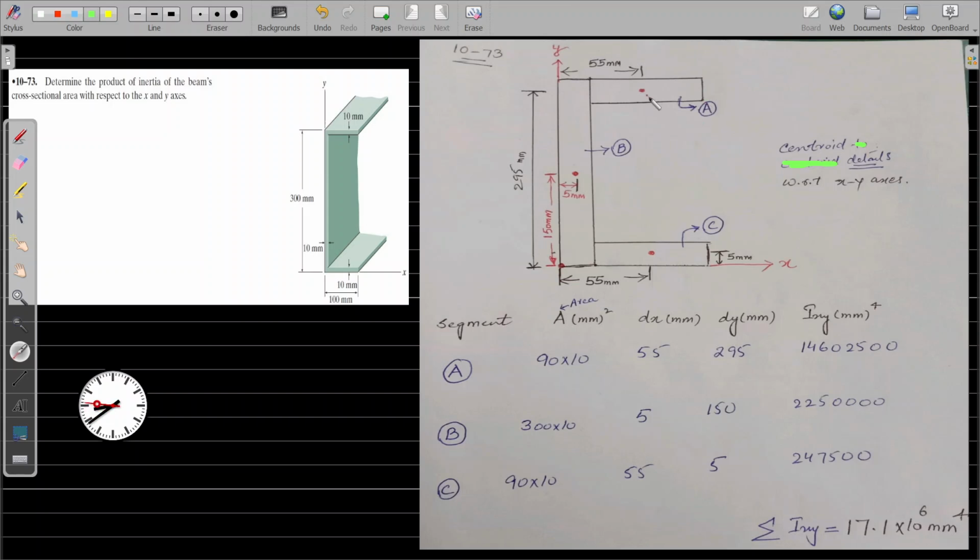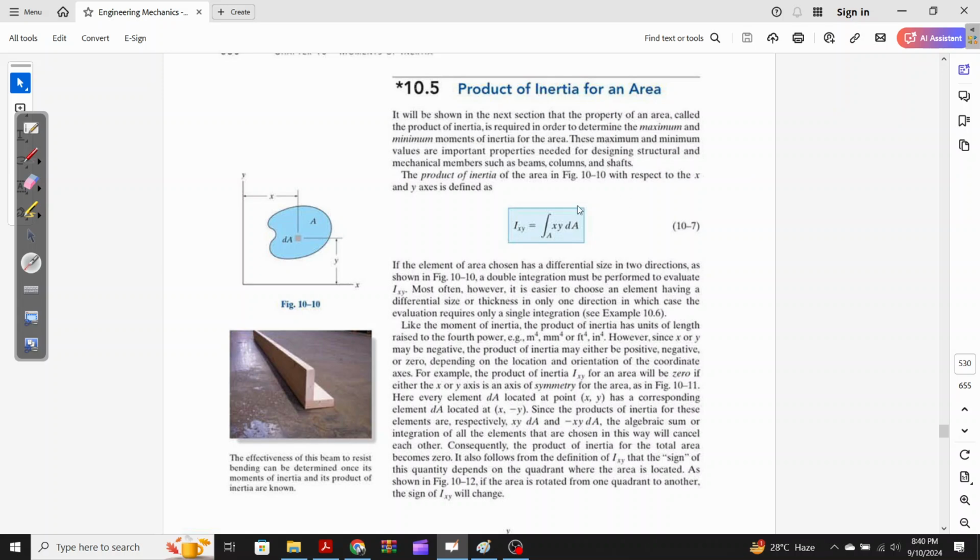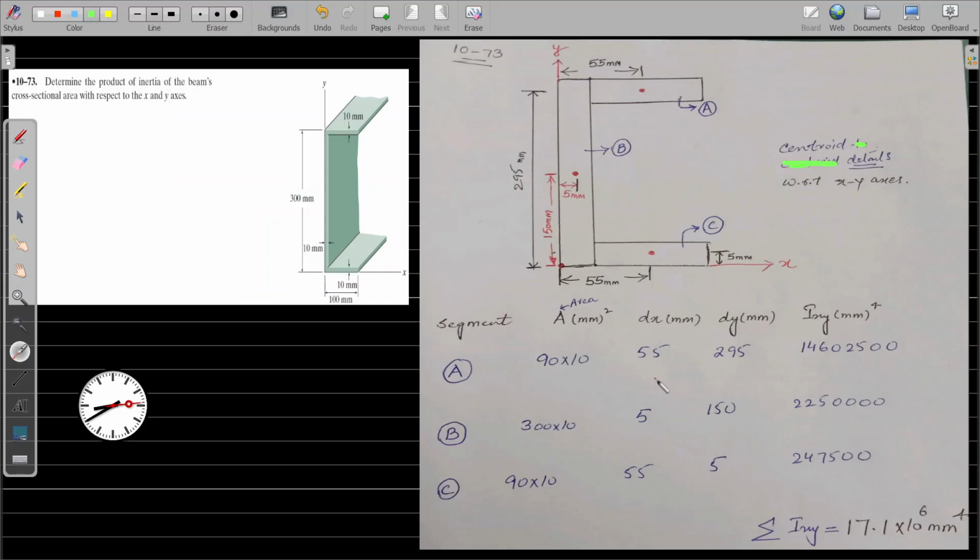So the centroid of this flange is located at 5 millimeters from the top. So it will be 300 minus 5, which is 295. Now you simply do the multiplication. We know from the formula that it is the integral of xy dA, so we multiply dx into dy with this area, and we get this quantity.